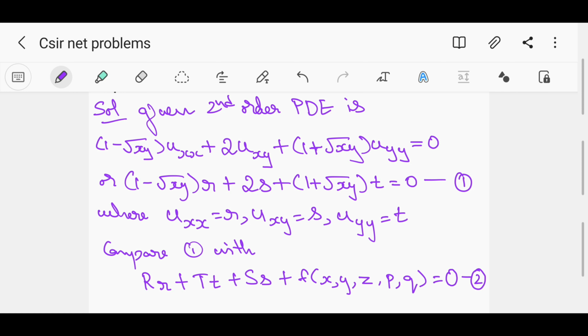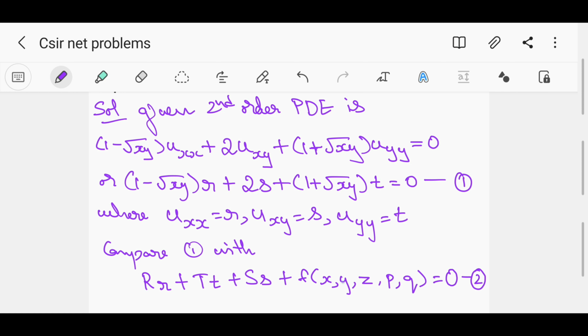This is the general form of the second order partial differential equation, where x and y are the independent variables, z is the dependent variable, and p, q, small r, small s and small t are the partial derivatives of the dependent variable z with respect to the independent variables x and y.